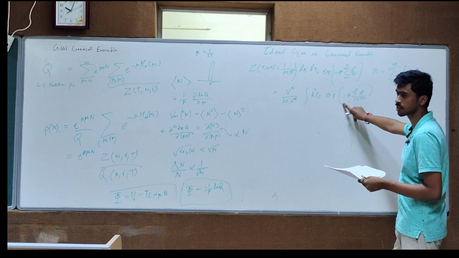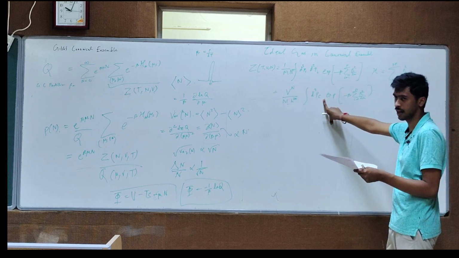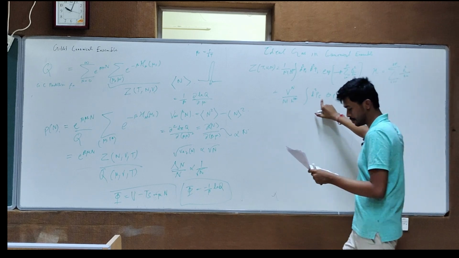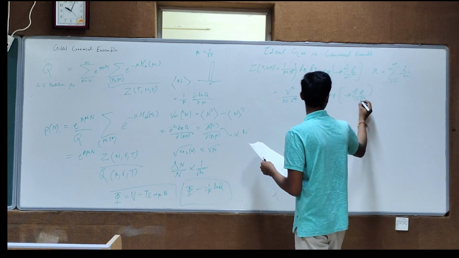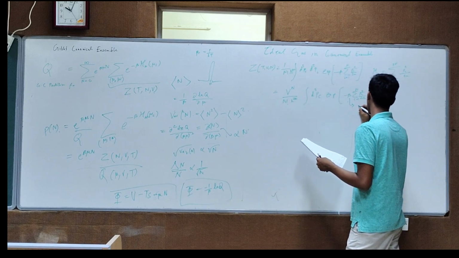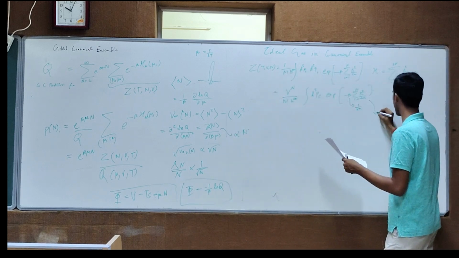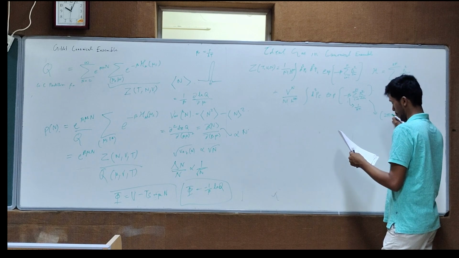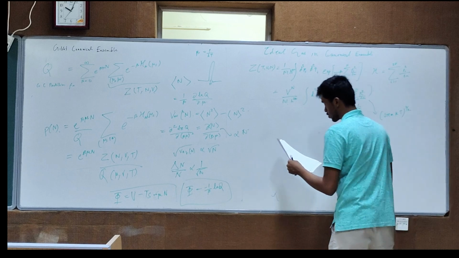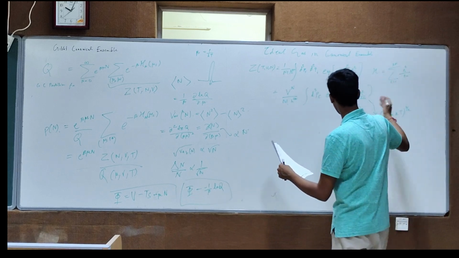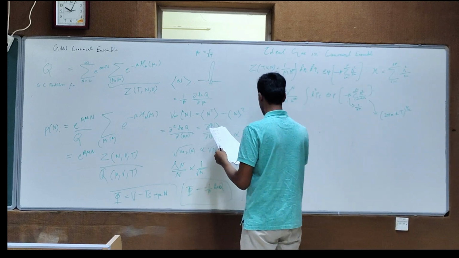And these are Gaussian functions. If you see, it's p squared by 2m in each of these variables, each of these p_i. Once you integrate that, with beta being 1 by kT, for one integral you finally get this. When you do all the integrals, it will be a product of these terms, and so finally you get Z to be this.